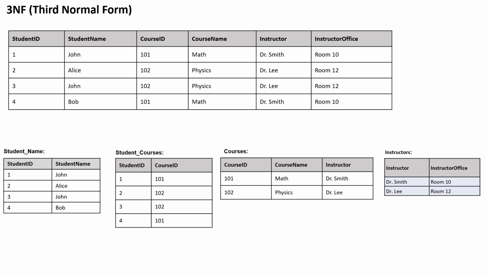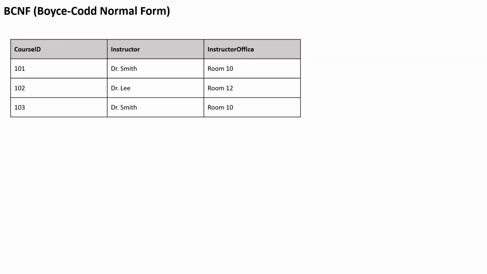Now let's jump onto the fourth normal form, which is Boyce-Codd normal form. The rule for Boyce-Codd normal form is it's in third normal form, and the second rule is every determinant is a key. A determinant is any column that can uniquely identify another column. Let's tweak the previous example, which you can see in the table. The course ID is the primary key, but instructor can also determine instructor office.